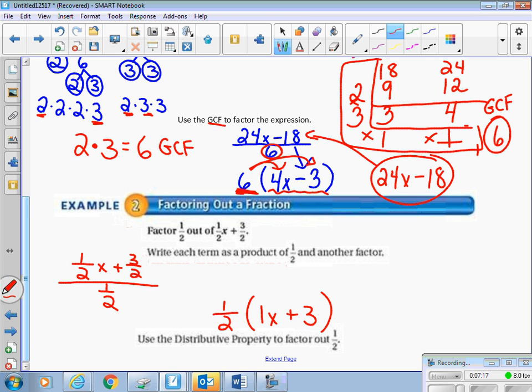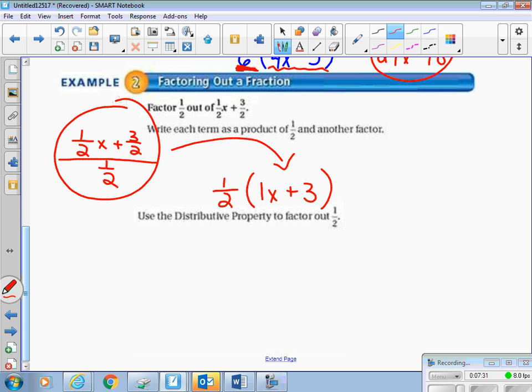You can check that in your calculator. So the answer to my division goes inside my parentheses, and it is my second factor. Factor times factor equals product.